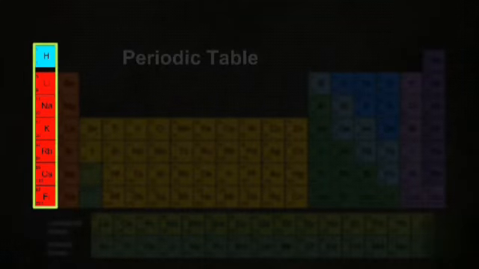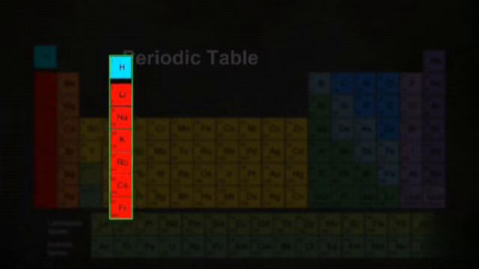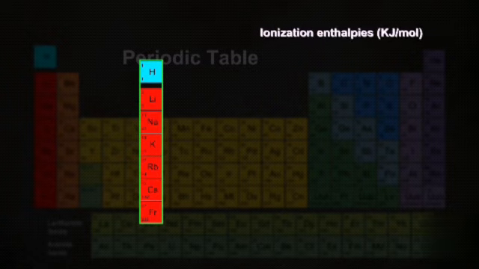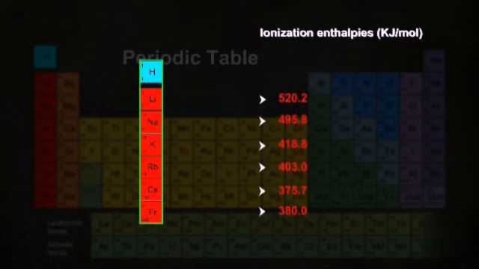The ionization enthalpy of alkali metals lie between approximately 400 kilojoule per mole to 520 kilojoule per mole, whereas the ionization enthalpy of hydrogen is 1312 kilojoule per mole, which is much higher than alkali metals.